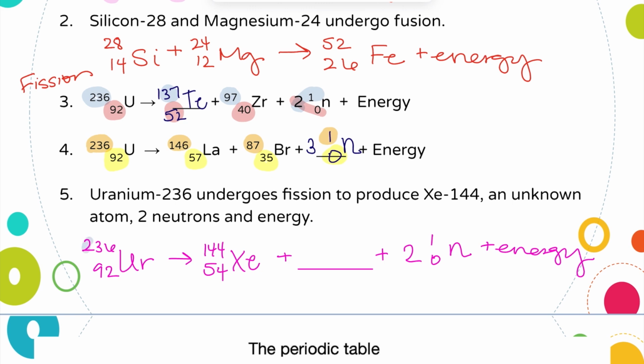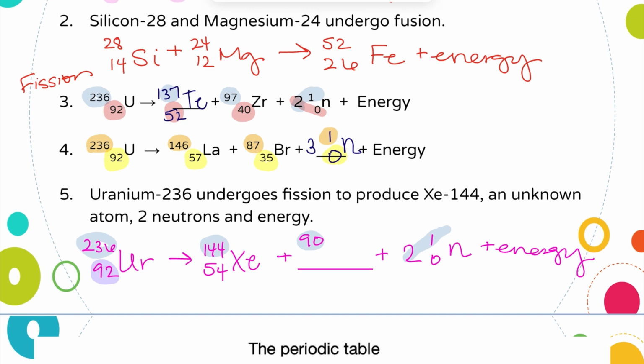So I've got 236, well, that needs to equal 144 plus something, plus I have 2 neutrons. So I'm going to do 236 minus that 144 minus 2 neutrons, and so that is going to have a mass of 90. And then same thing with my protons.